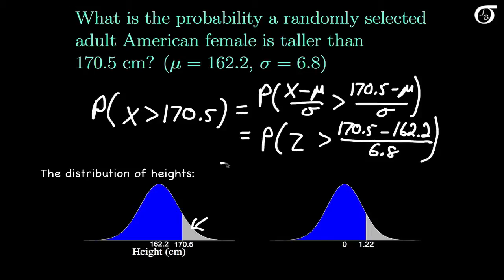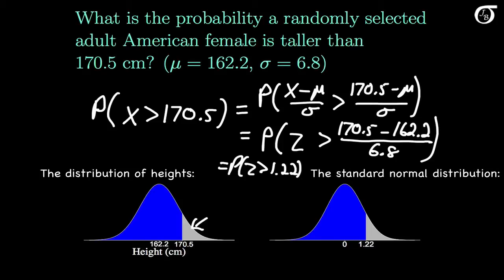And this works out to the probability that the random variable z takes on a value that's bigger than 1.22. And here's the standard normal distribution. And the probability that z takes on a value that is greater than 1.22 is the area to the right of 1.22 under this curve, this area. If we go to software or a standard normal table, which we've looked at previously, we can find that this area is approximately 0.111.